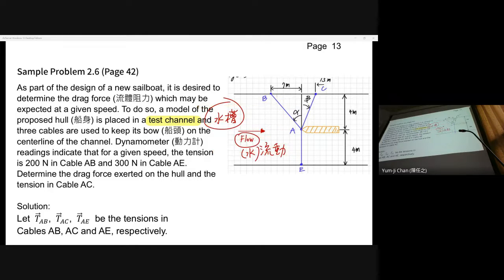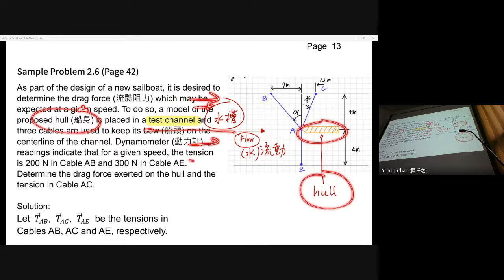Okay, we have water flowing in this direction. And of course, this is the hull, okay? And we put it in a test channel, and there is water flowing to the right. Okay.